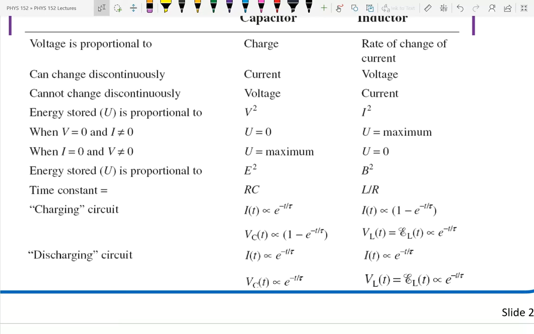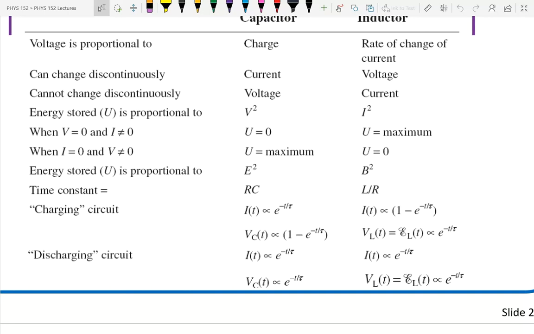You go from 0 current to a massive current with a capacitor. With an inductor, that's not possible. The current can't jump, but the voltage can. So with the inductor, when we went to charge it, it started with no voltage. You connect the battery, it goes to voltage equal to the EMF, and then that voltage will drop. So it can have a discontinuous change in voltage, but not current, whereas the capacitor can have a discontinuous change in current, but not voltage.